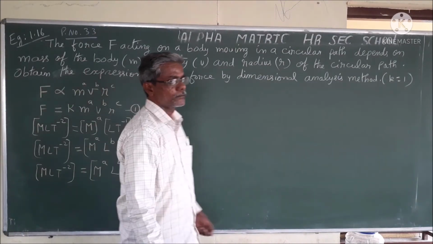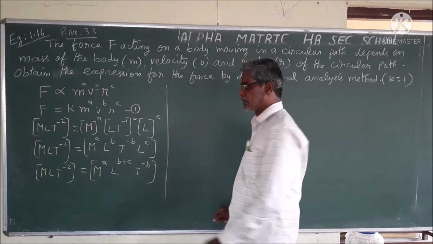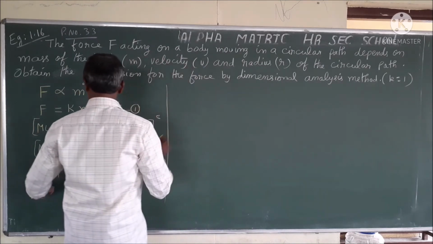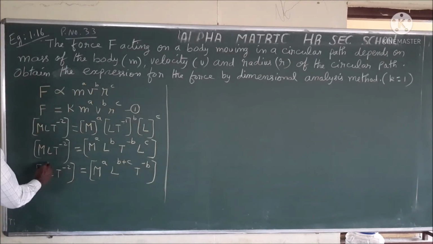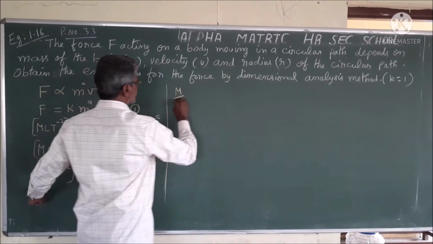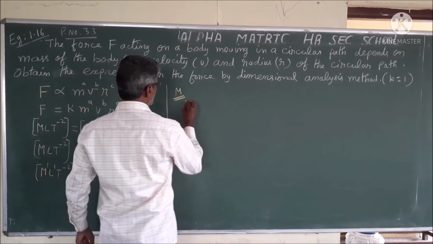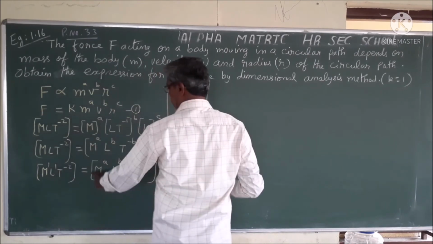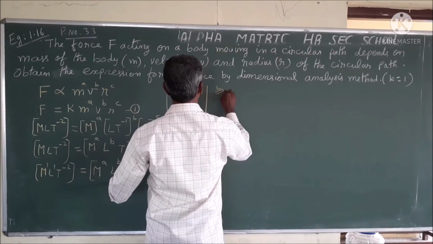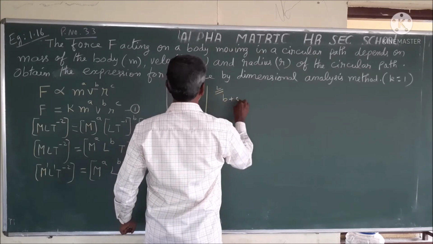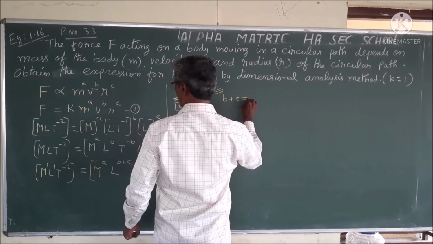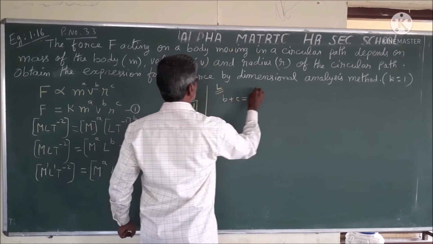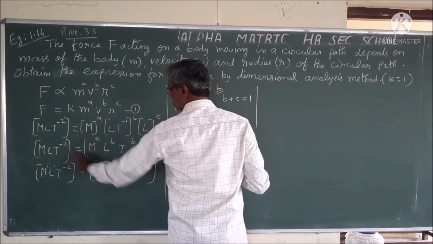Second step, equate the powers of dimension. Taking M here means 1, L is 1. So if I take M, a is equal to 1. Then if I take L, b plus c is equal to 1.